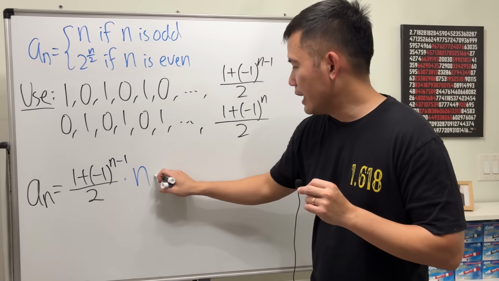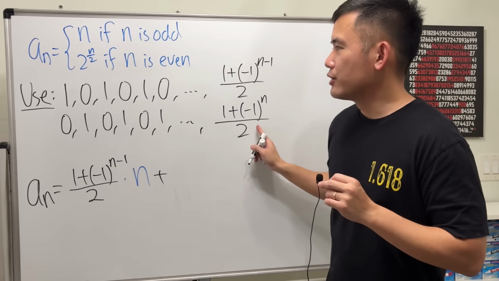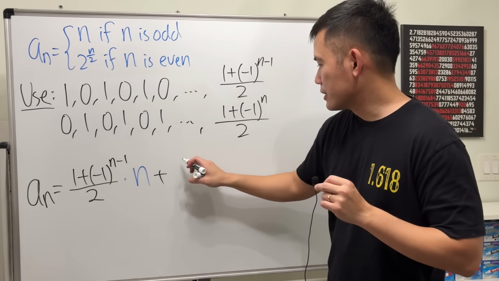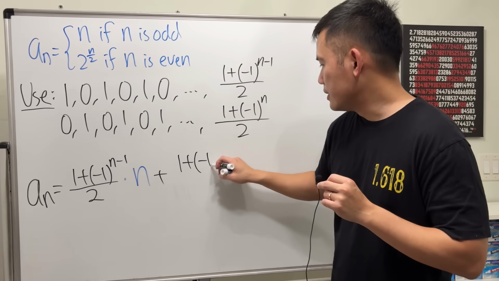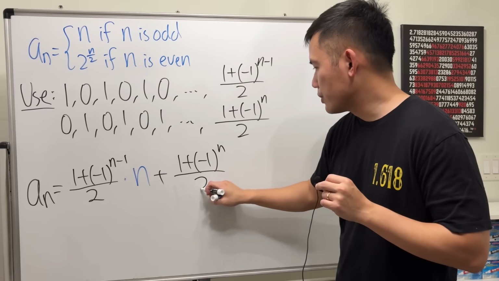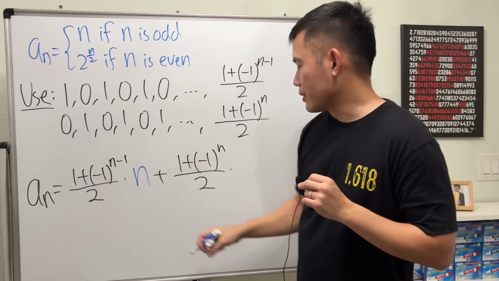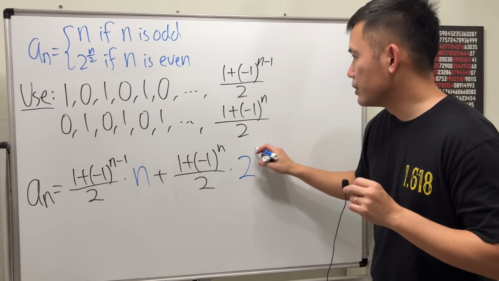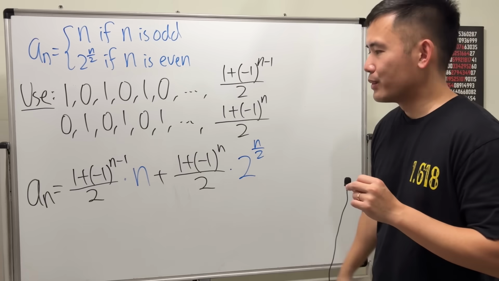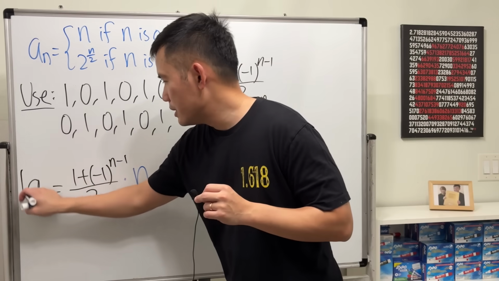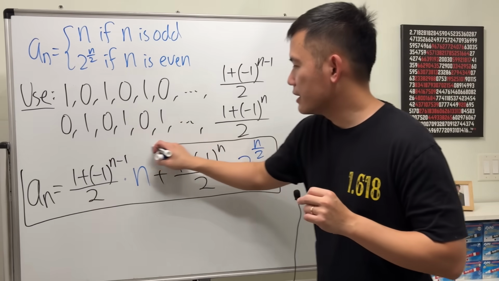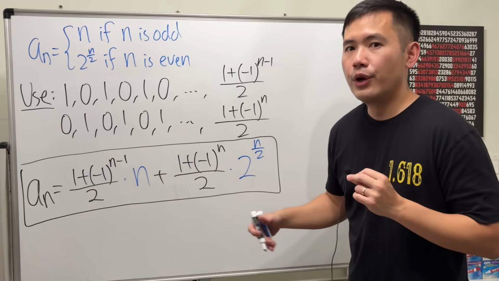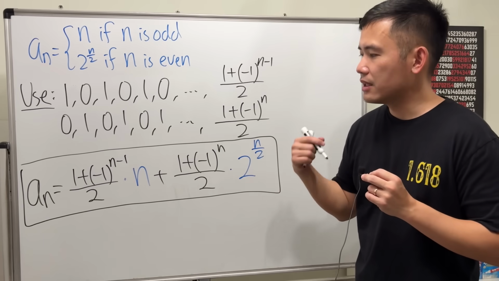And then we add this, which is for the even number terms. So I will just multiply 1 plus negative 1 raised to the n over 2 times that formula, which is 2 to the n minus 2 power. And I guarantee you, if you plug in any n values, you will produce the sequence that we got earlier.